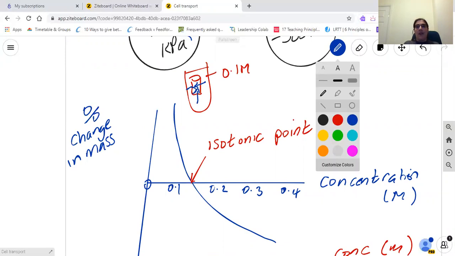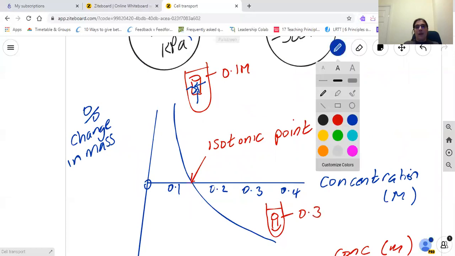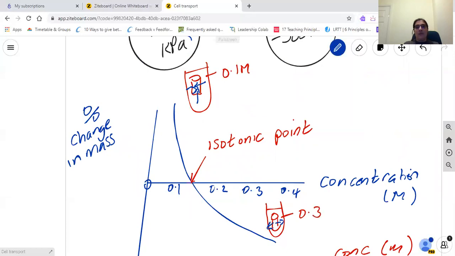Whereas the ones down here where your potato is in a much more concentrated solution, they will lose water and therefore they will lose mass. And obviously the bigger the difference between the inside and the concentration outside, the more the mass lost, because the bigger the concentration gradient, the bigger the water potential gradient.